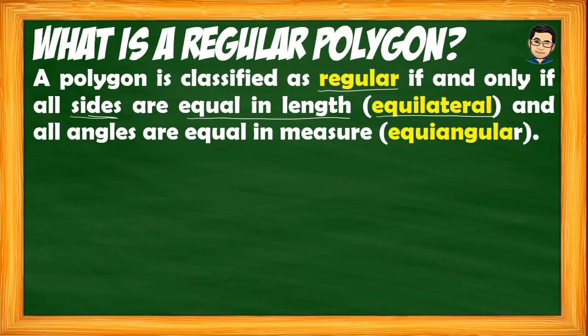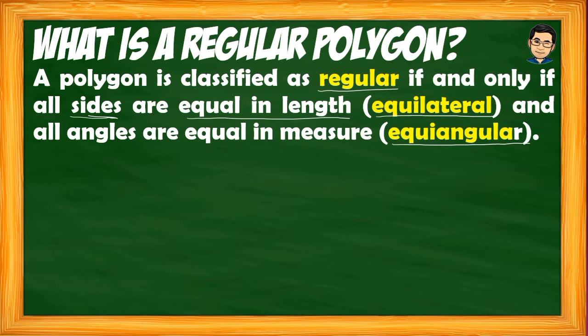Magkaiba naman po kapag angles. Yung term natin kapag yung angles equal in measure, equiangular. Equi means equal, balance, and then angular means angle, of course. So kapag all sides and angles are equal, we can classify the polygon as regular.